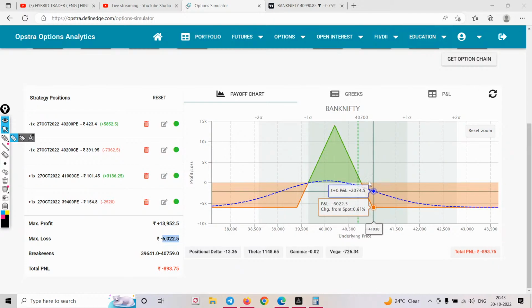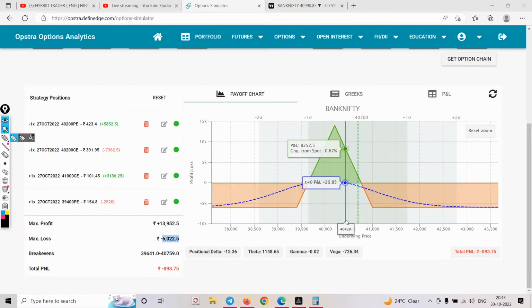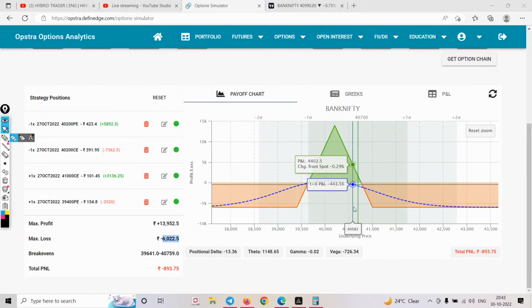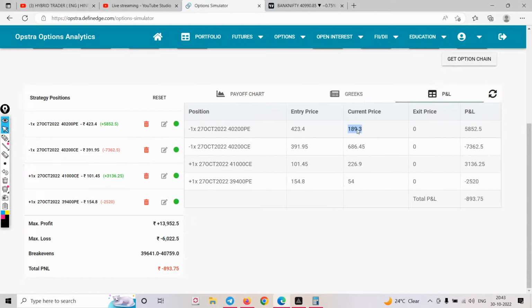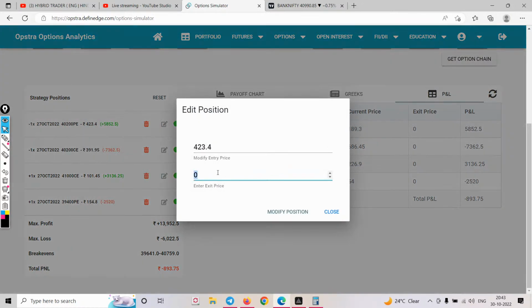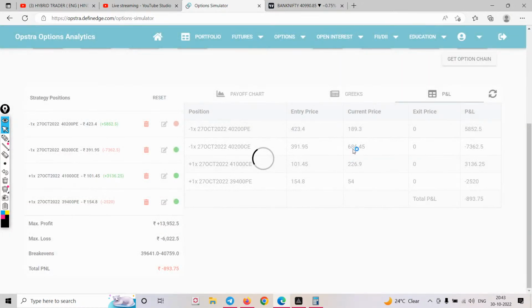See, who knows, if it makes another 1%, 0.5%, this will go to 1,000, 2,000 loss. Anyways, I've deployed the iron fly with a view of sideways. So for example purpose, I'll just exit this trade. I'll exit this with 800 rupees loss because my capital is very important for me.